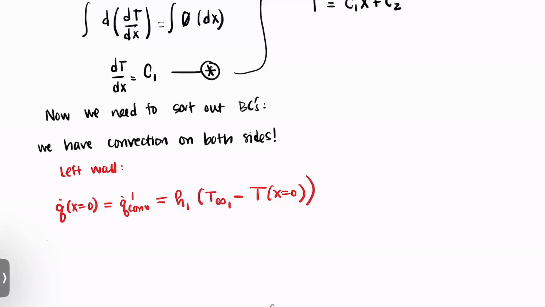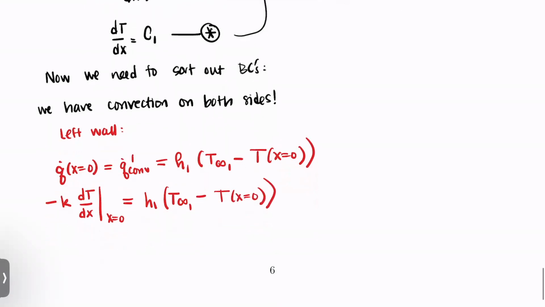Q dot at x equals 0 is just minus K dT/dx at x equals 0. And this is equal to H1 times T infinity 1 minus T at x equals 0. I'm going to move the minus K over to the right-hand side.